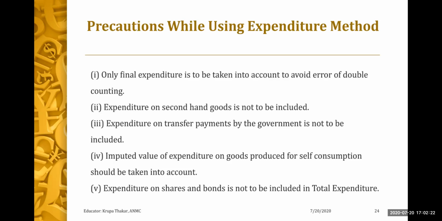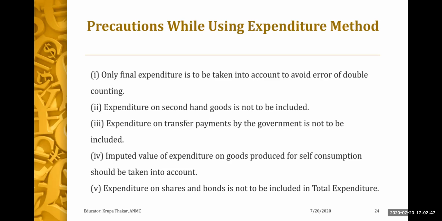Expenditure on transfer payment by government, be it pension or be it transfer income, like parents giving pocket money to children, all these things again cannot be included, because it would again give rise to the problem of double counting. So expenditure on transfer payment by government, like giving pensions or retirement benefits, won't be included.